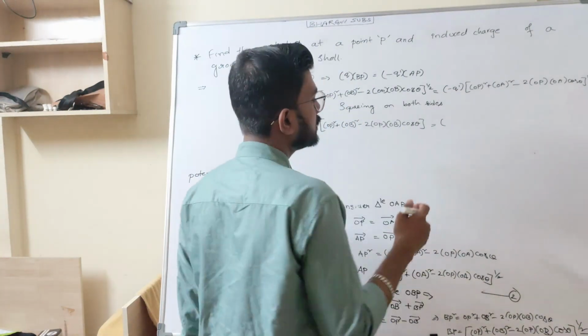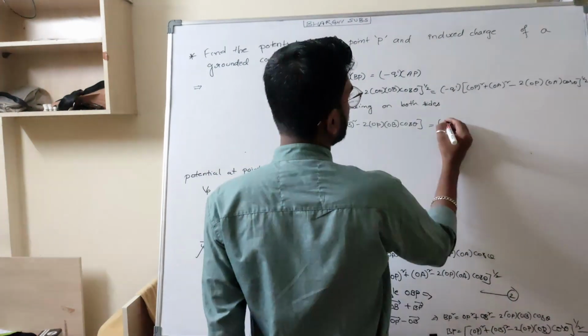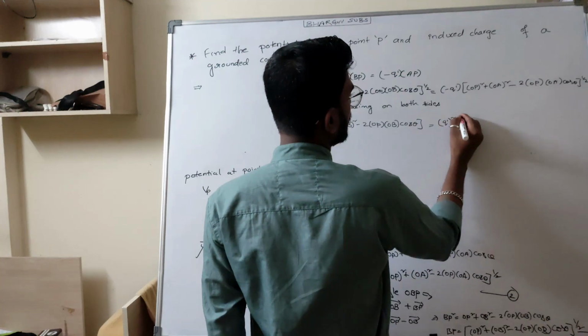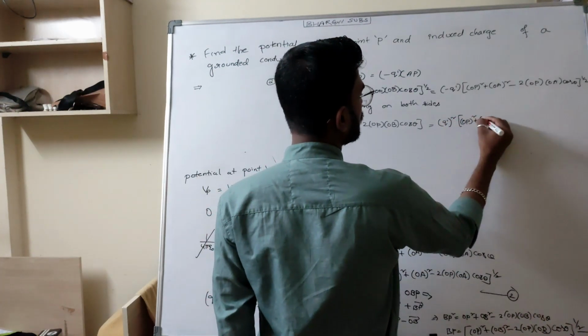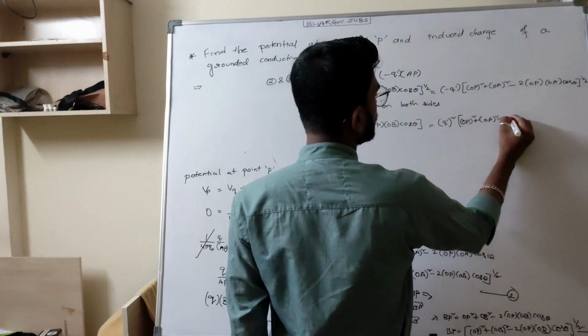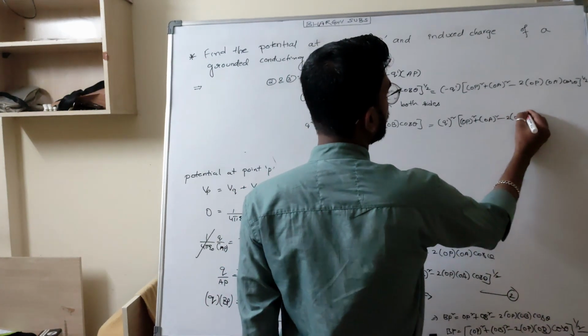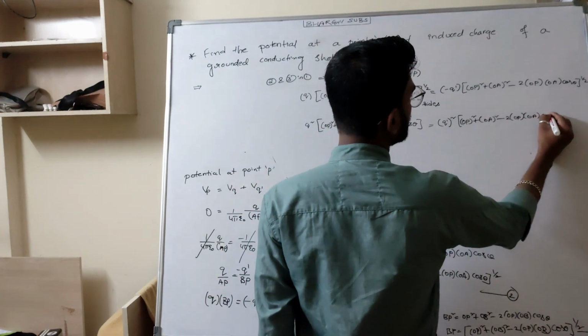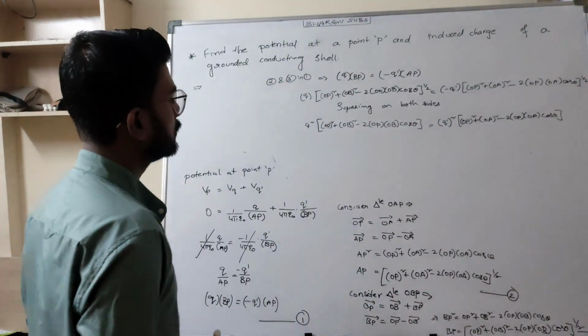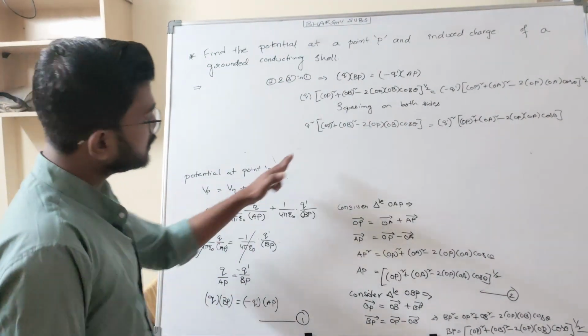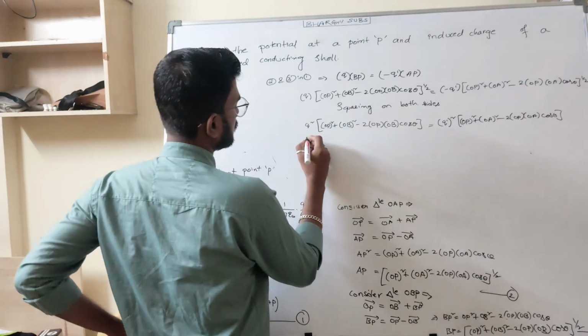If you square, you will get a positive value. So Q dash square into OP square plus OA square minus 2 OP OA cos theta. Now see these, let us split it.